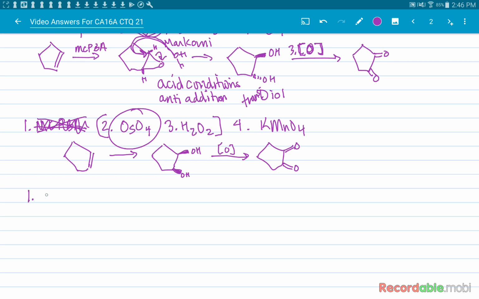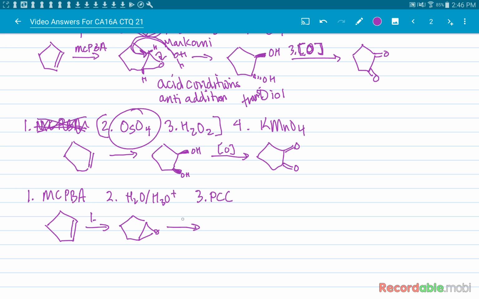It said literally metachloroperoxybenzoic acid, which is MCPBA, so you might see either on a test or quiz, followed by the good old water with H3O+, and then followed by PCC. And this will work because the alkene plus the MCPBA, so step one, gives us the epoxide, and we learned earlier that when we open it with acid conditions, and the water is the nucleophile, we get a trans diol.